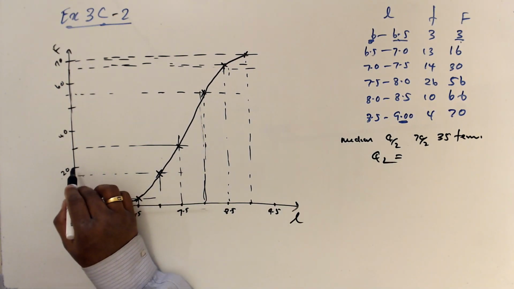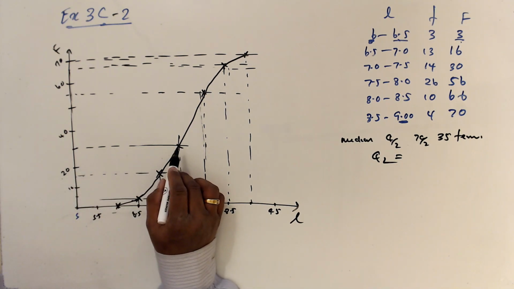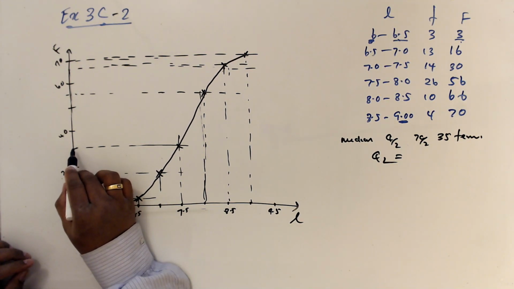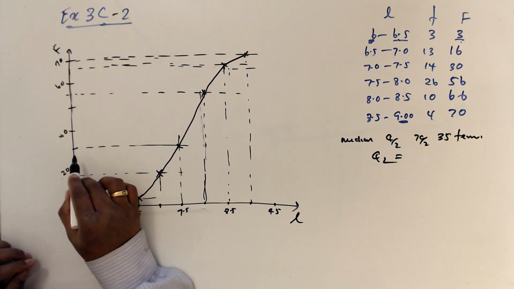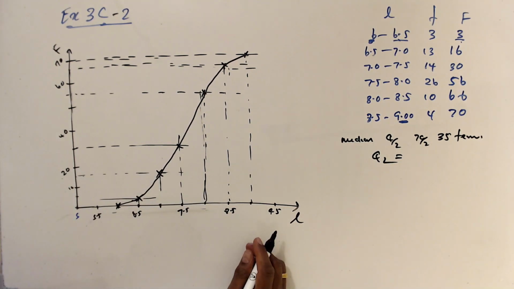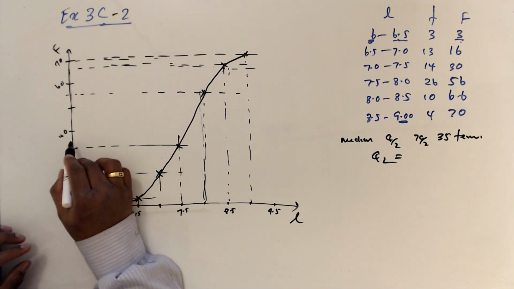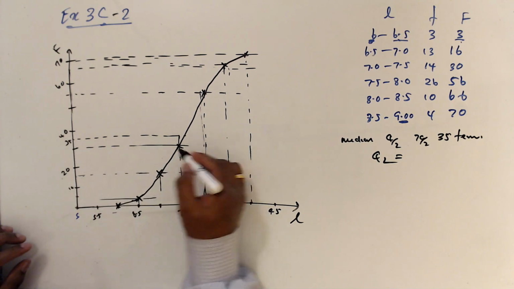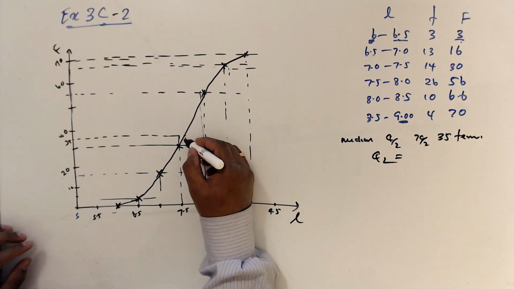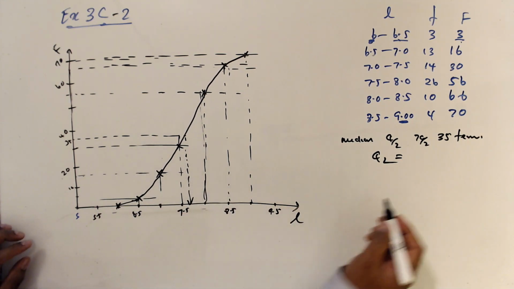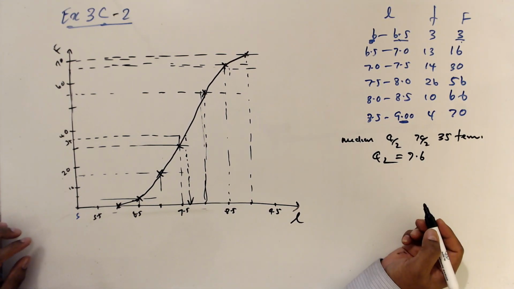What is 35th term? 35th term is almost going to be 7.5. Actually, 30. This is the 35th, and you will get this value as 7.6.